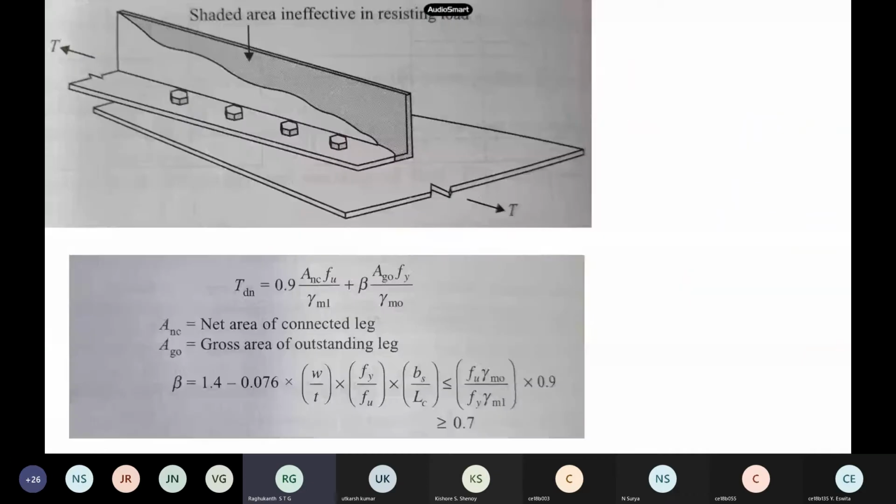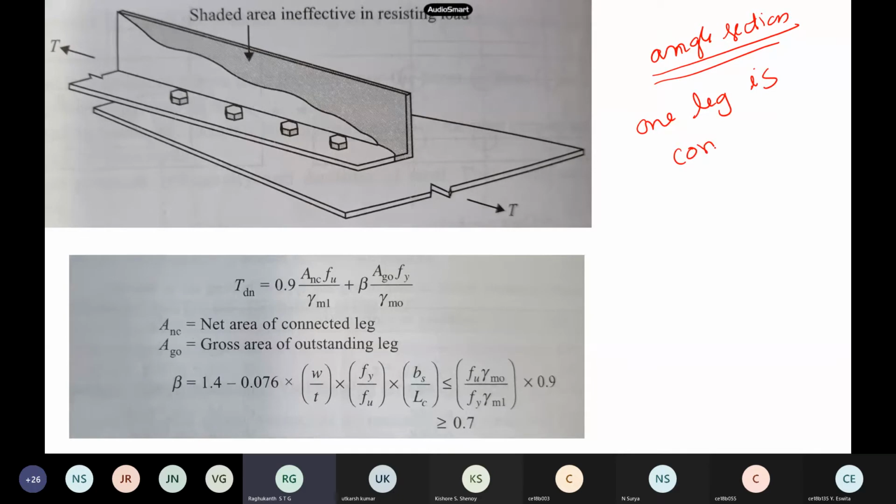So you can see this figure. Suppose I have an angle section, and this angle section is connected by only one leg; the other leg is not connected. Now, if it is not connected, load transfer happens only near the connection, and the other leg is not connected to any other section.